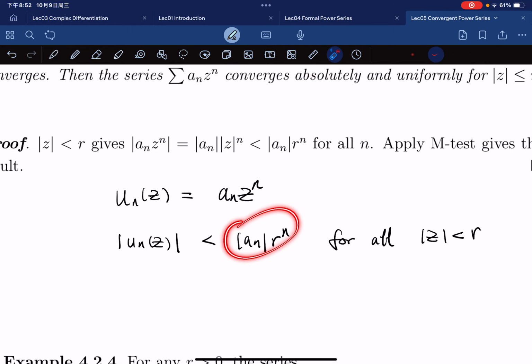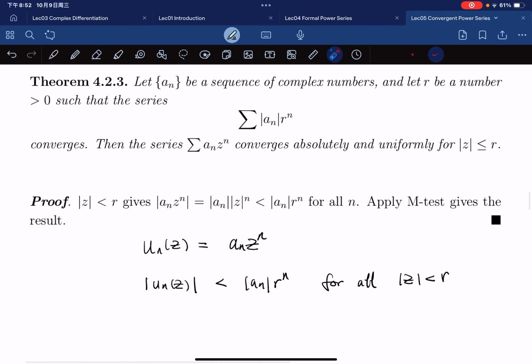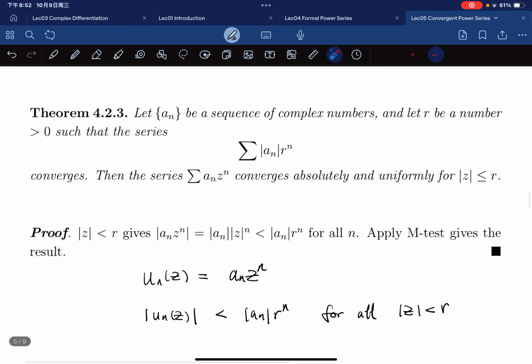And if this converges, then this converges absolutely and uniformly. But anyway, we get the result.